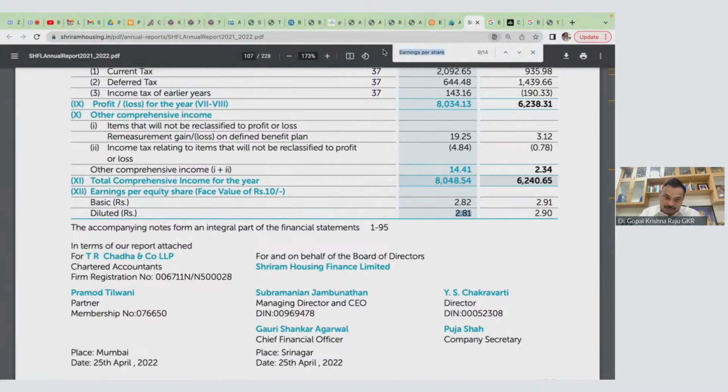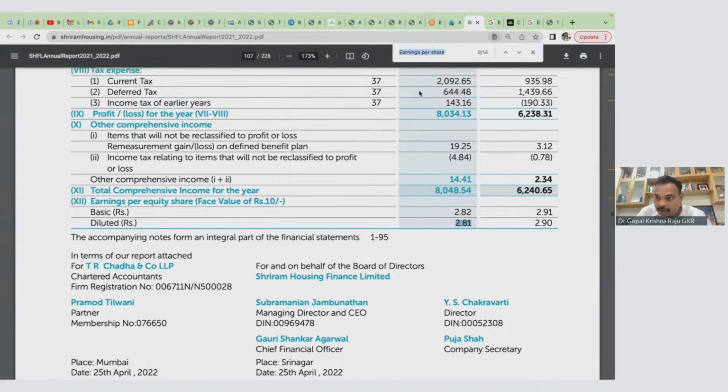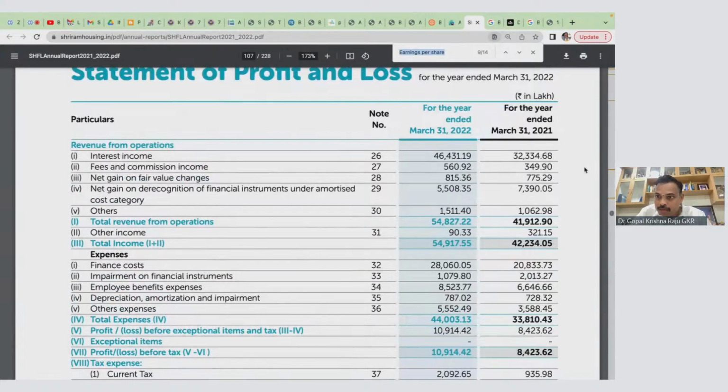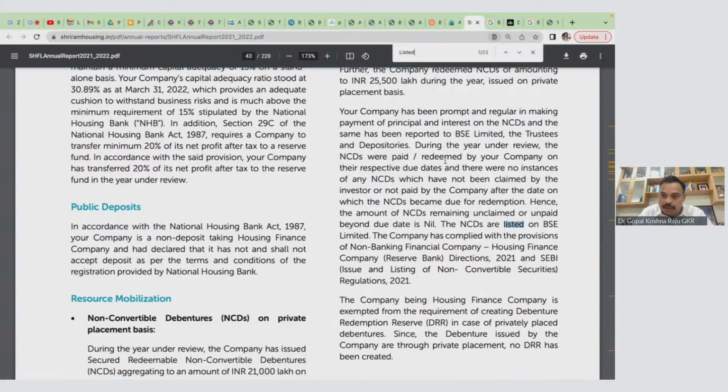So I will take you to the beginning. Listed price, NCD, market price.